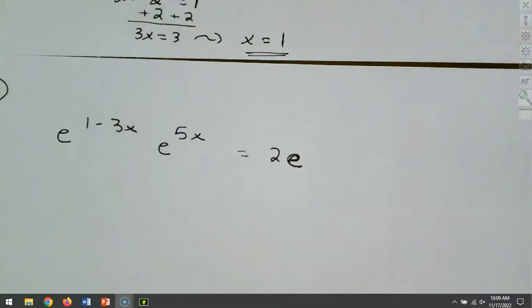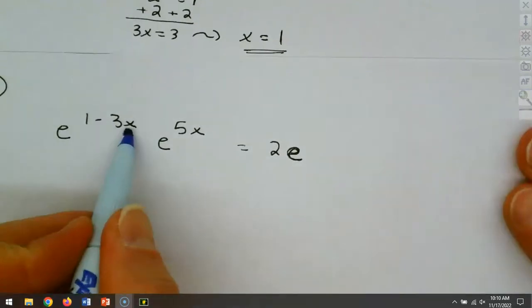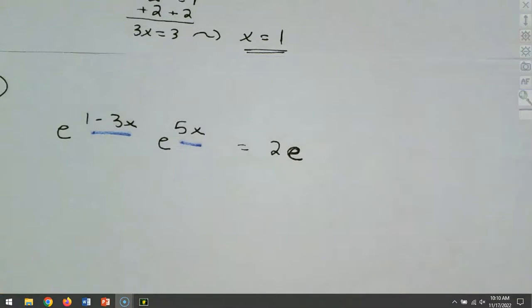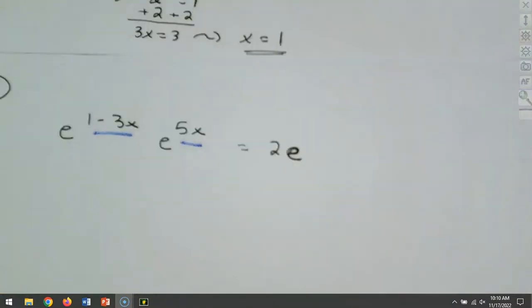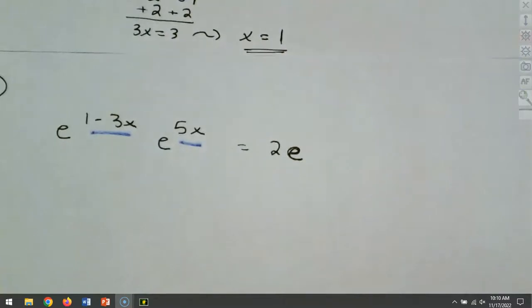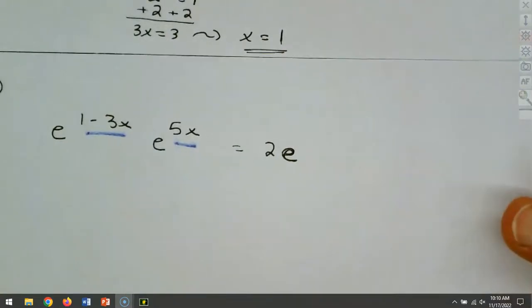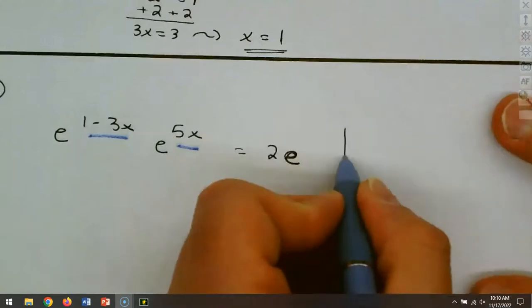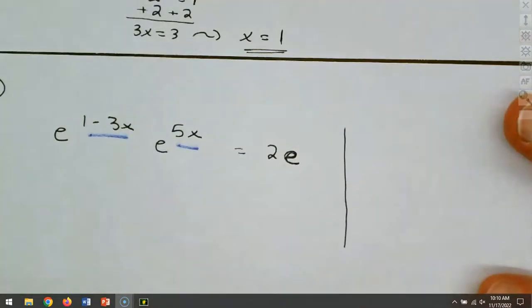Where I would begin is I would go ahead and combine these together. Everything has a base e, so if I was going to work with this, I would go ahead and put those together. Now remember our properties of logarithms and exponentials. Addition can become multiplication in exponentials and logarithms.